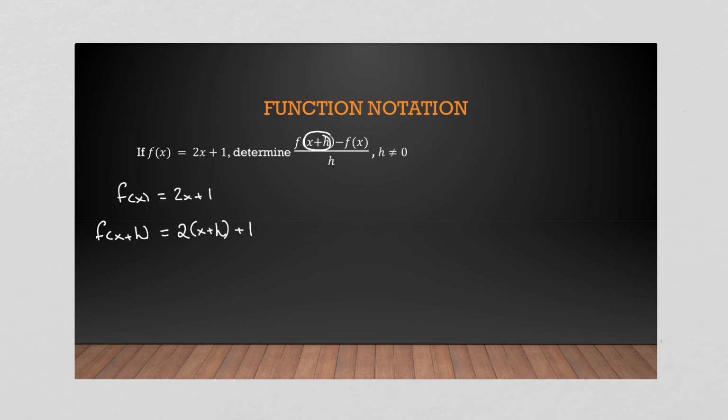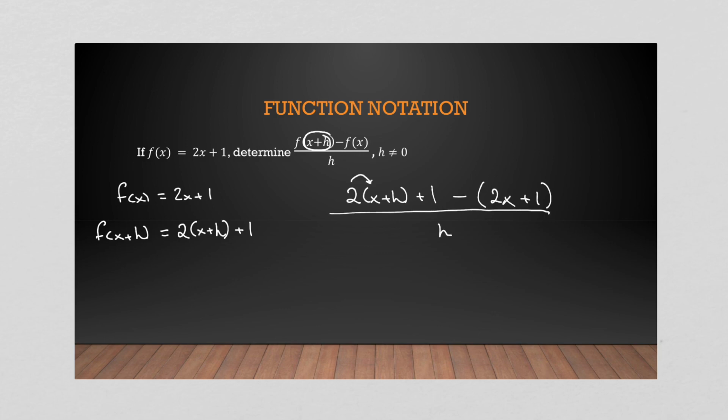So then I just sub into that big equation. I need to know what f of x plus h is. So it's 2(x plus h) plus 1, and then minus f of x, with brackets here because it's multiple terms, (2x plus 1), and this is all over h.